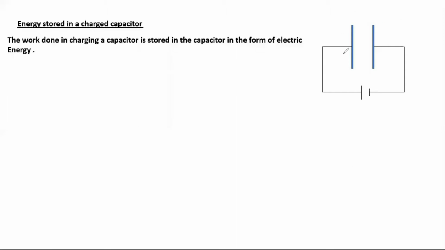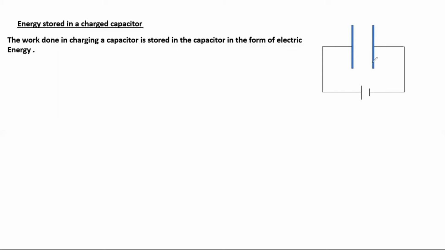Now let's say you have a parallel plate capacitor, and this capacitor is connected to a power supply, this battery, and this battery is going to provide charges to this capacitor, because of which it will be charged.